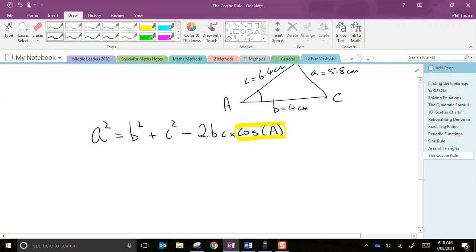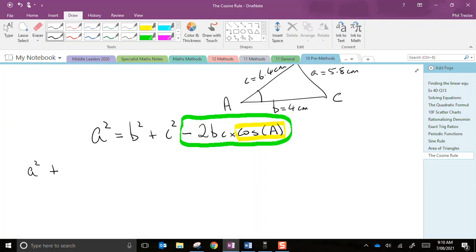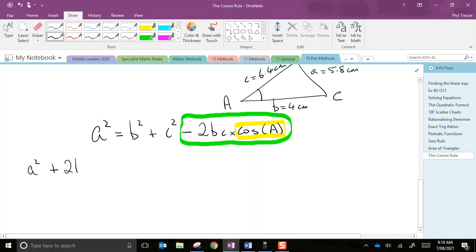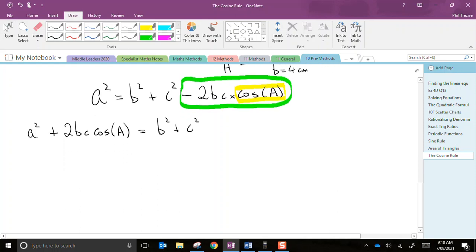So I think the first thing I'll do is I'll leave the a squared. I will add all of this. All of this will be added. So add 2bc cosine of A, and that just leaves b squared plus c squared on the other side.